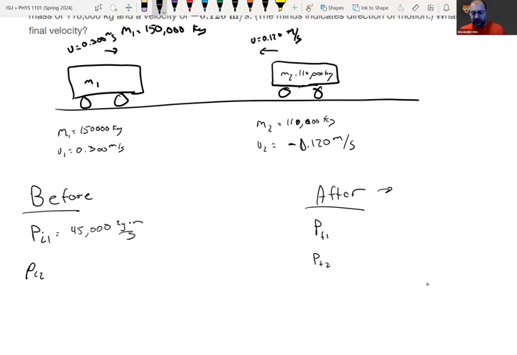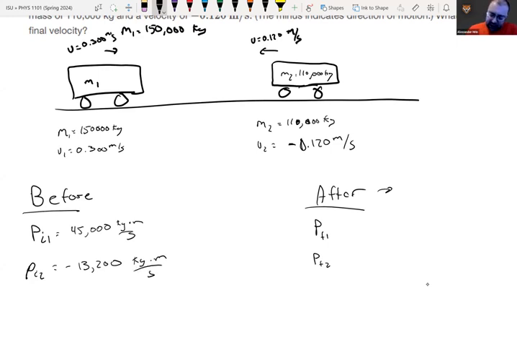Now, this next one is 110,000 times 0.12, which I feel is 13,200, but I need to check it because it's negative too. So 0.12 times 110,000 gives negative 13,200 kilogram meters per second.